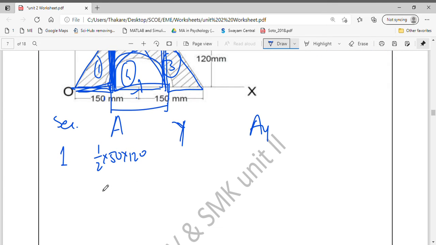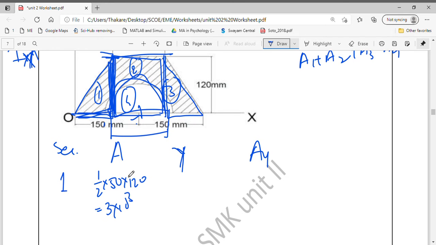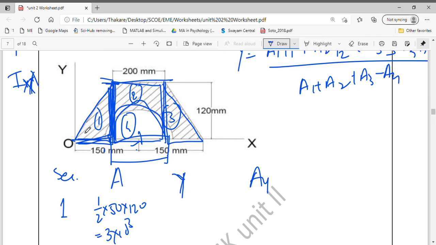It comes out to be 3 into 10 to the power 3. Then y, the distance from the x-axis, for a right angle triangle is h by 3.